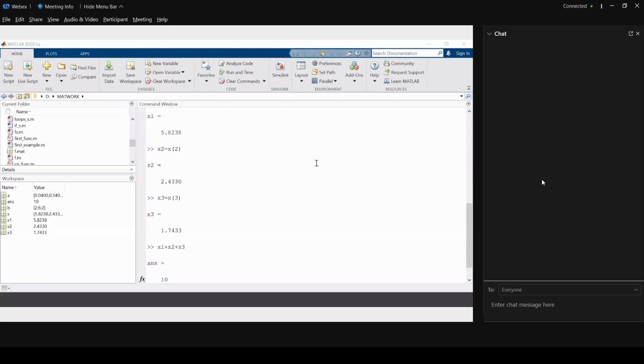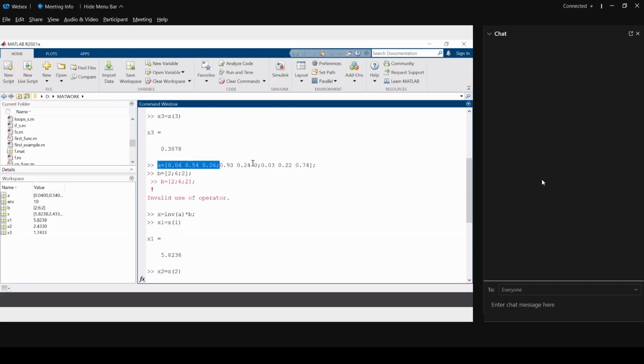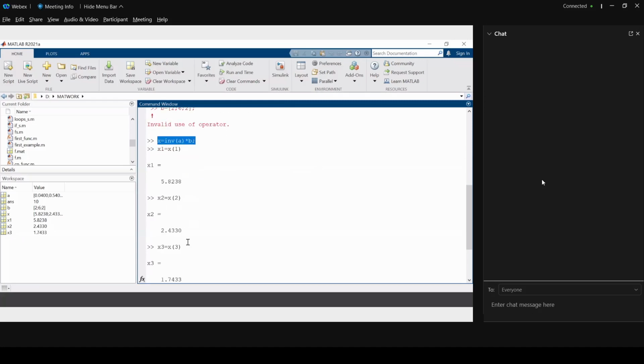Is it visible? Yeah. What you did? Here I wrote the A matrix. Then B matrix did this, and I got the values of x1, x2, x3. My A matrix is different.